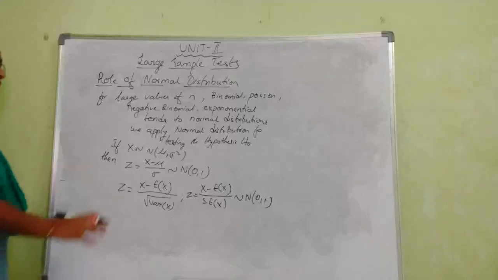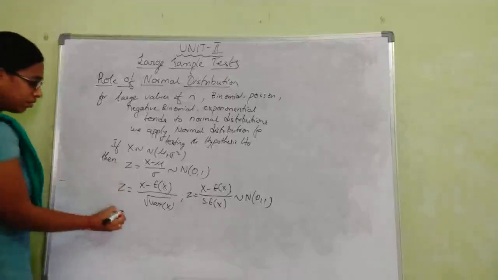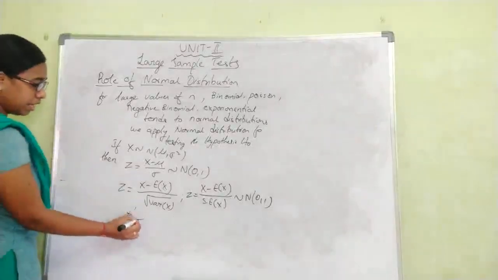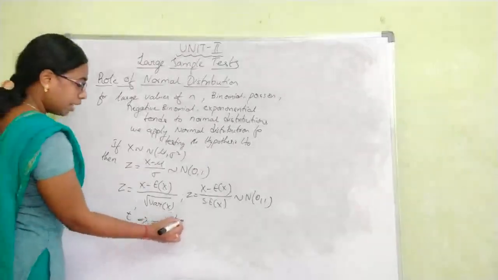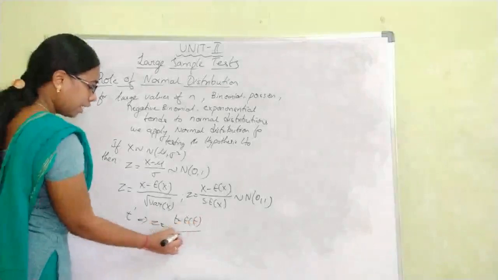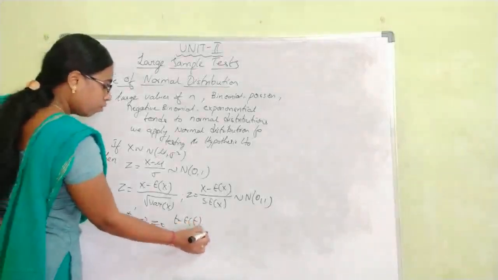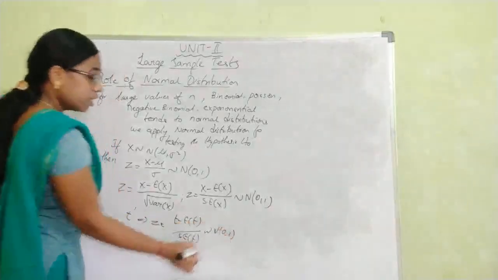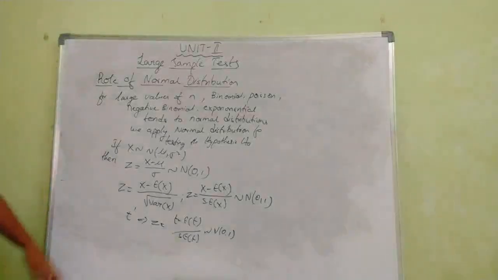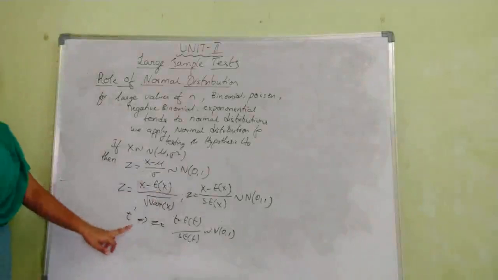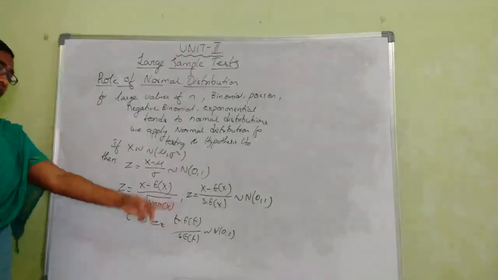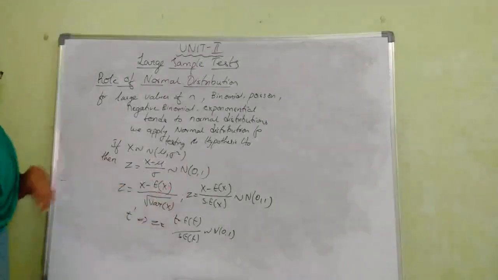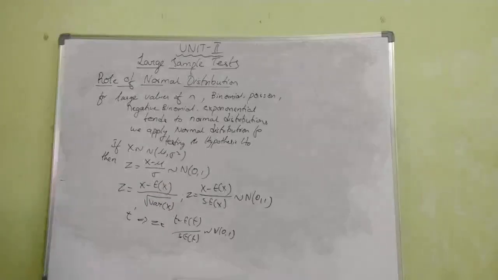Whatever statistic we consider, suppose some statistic t, then Z equals t minus expectation of t by standard error of t follows normal distribution with 0, 1. So this is for the random variable x, and if we consider any statistic t, we consider the test statistic as this. So normal distribution plays the major role in the test of significance.